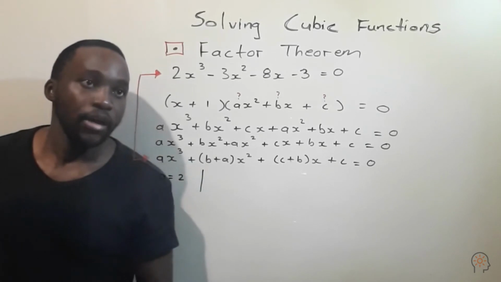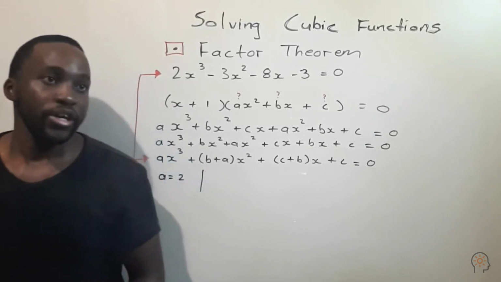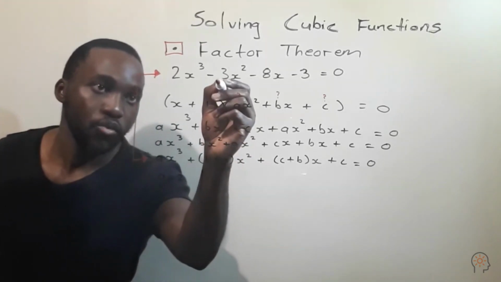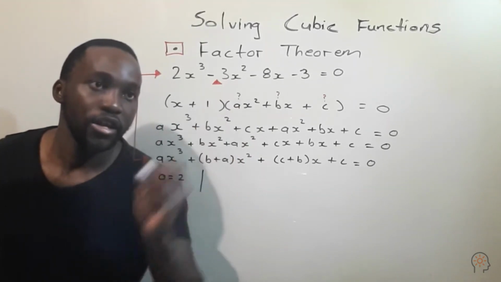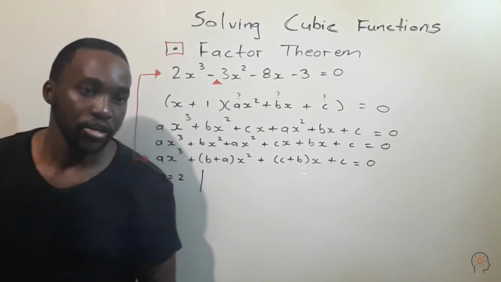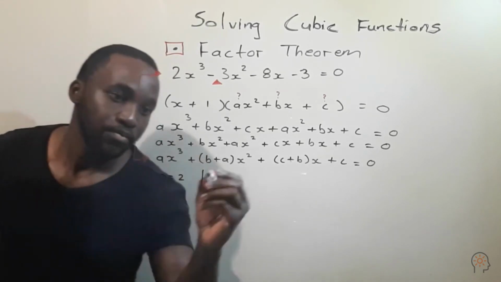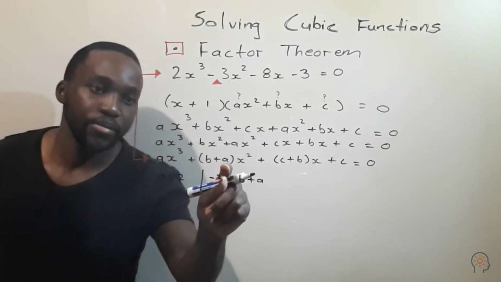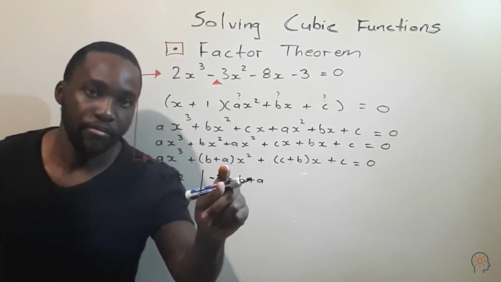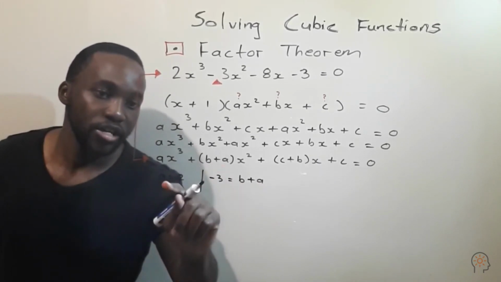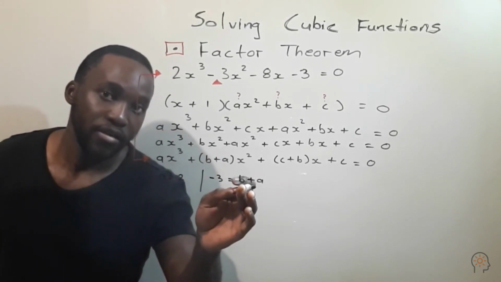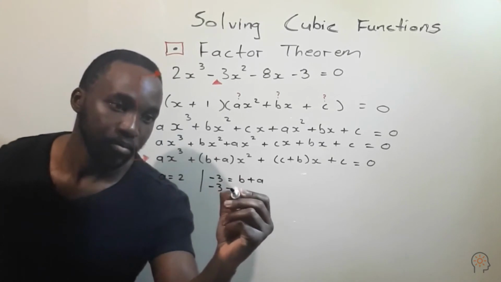And then our next portion, we can clearly see that in front of x squared we have here a negative 3. So we know that negative 3 is being represented by b plus a there. We already know what a is. A is just a 2, so we can just throw that in there and get a value for b.